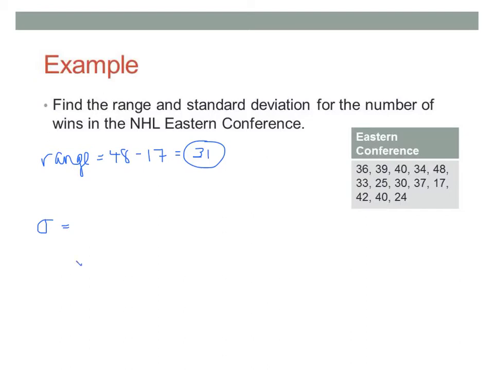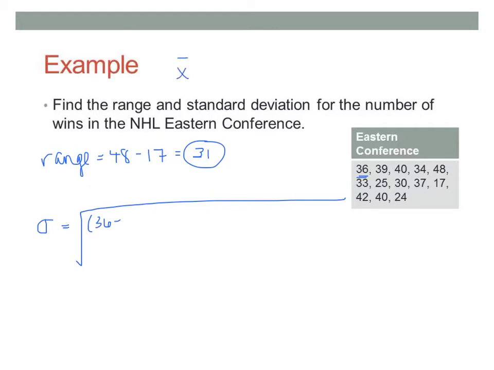So we're going to do the square root of, so each piece of data. So let's just start out with our first number. So we're going to do 36 minus our mean.